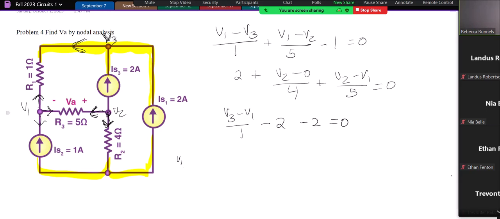A lot of books do this by just changing this top one to V1 minus v3 plus 1/5 v1 minus 1/5 v2 minus 1 equals 0. And then when I put these together, I would have 1 plus 1/5 v1 minus 1/5 v2 minus v3 equals 1.